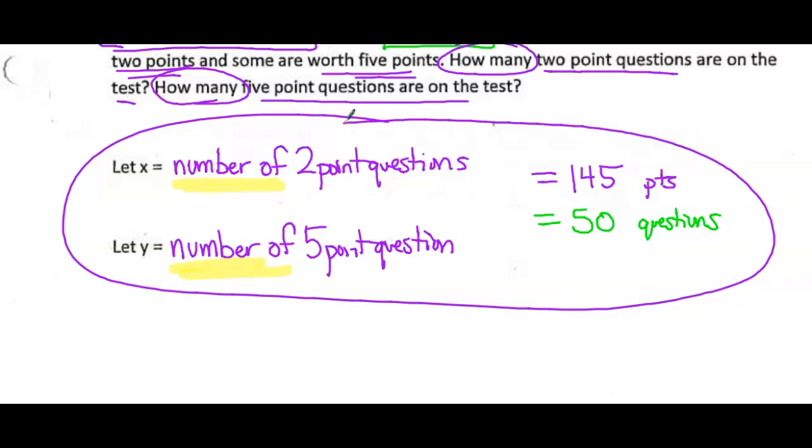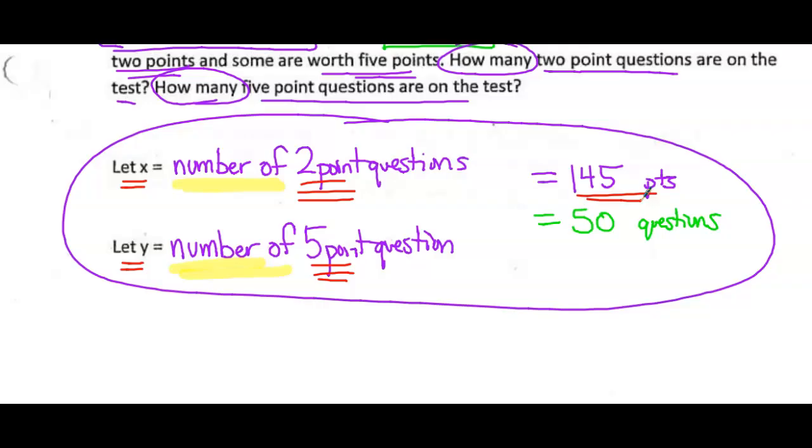So if I was here in class, I would ask someone if they knew what you could write, but I'm not here. So here's what I'm going to point out to you. There are 2-point questions, and those are X, and there are 5-point questions, those are Y, and that piece of information goes with 145 points.